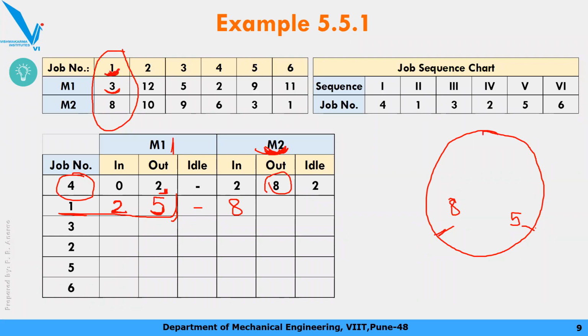Okay, so from 5 up to 8 o'clock, this job 1 is idle. Job 1 is idle. वो वेट कर रहा है कि कब मशीन 2 फ्री हो जाएगी और मैं मशीन पे जाऊंगा. Okay, so for these 3 hours it is idle, right?